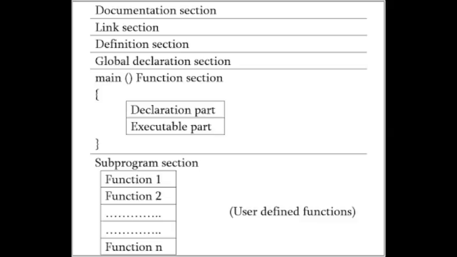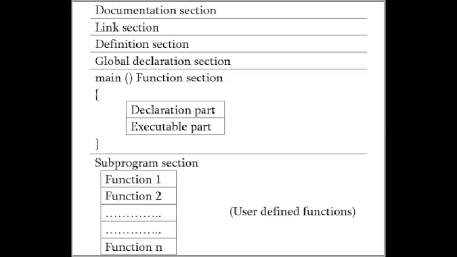A very important section here is the main function, which is a predefined one. All the processes are done by the main function, and the execution of the C program also starts from the main function. The main function section contains local variable declarations to declare the inputs, which are processed by the execution part, and the last one is the subprogram.